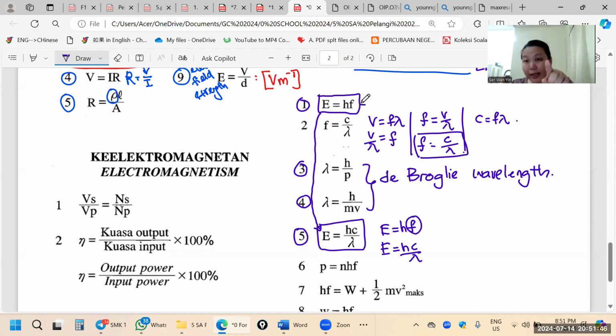Number 1 gives you frequency, number 5 gives you lambda. If they give you f, you can directly use hf. If they give wavelength, you can use number 5, hc over lambda. They are the same, just modified. Number 1 has frequency, number 5 has wavelength, right?